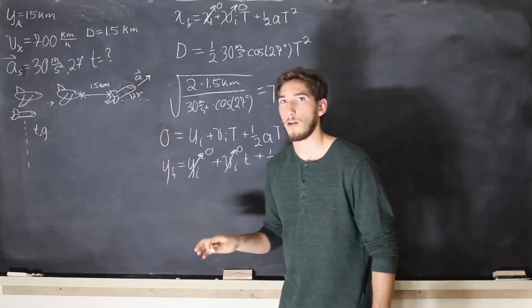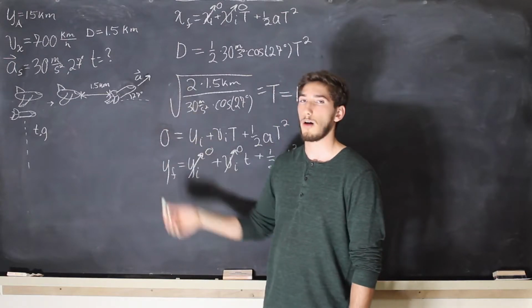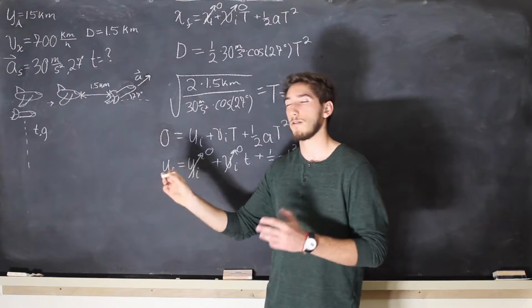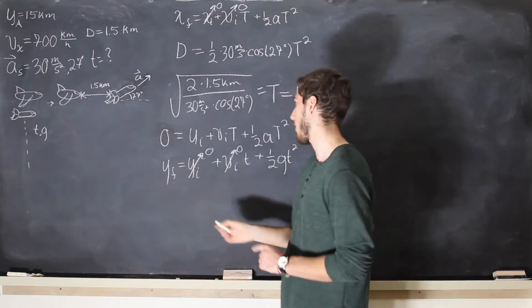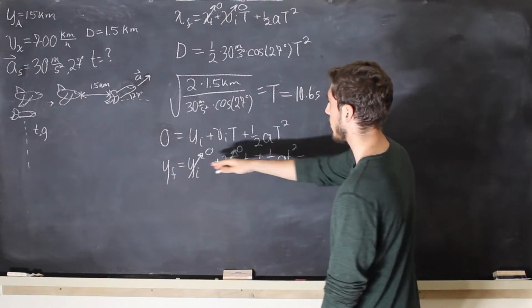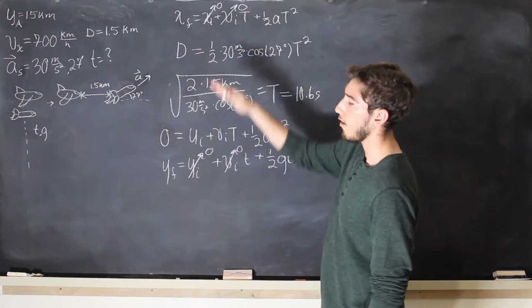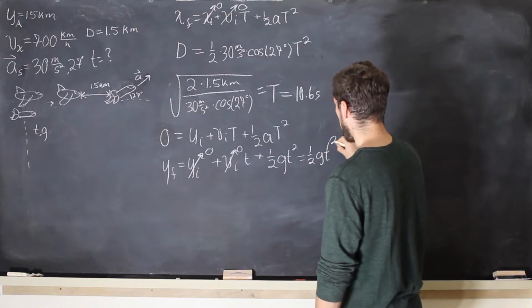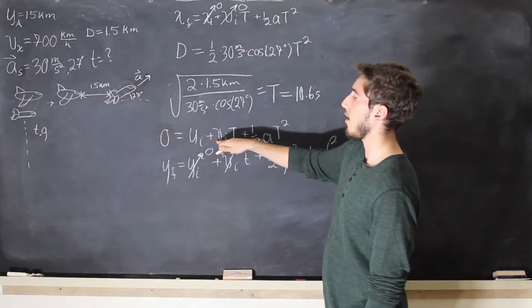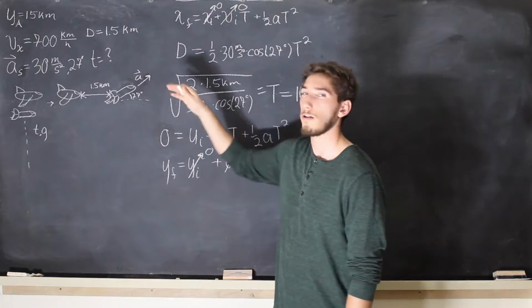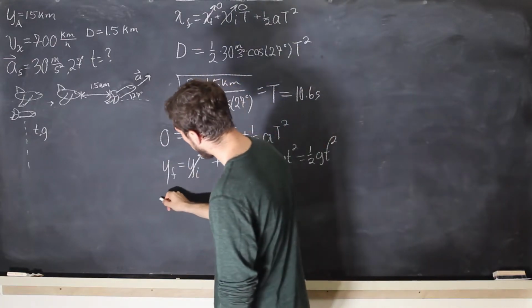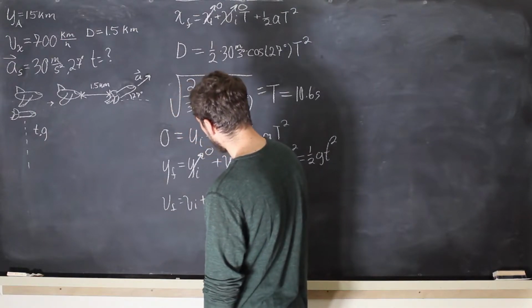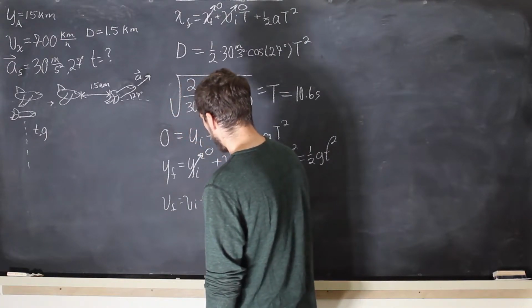Because the only acceleration when the airplane drops the shuttle is gravity, right? The shuttle drops for a certain amount of time, so the only acceleration that's acting on it is gravity. So the distance that the shuttle falls is going to be equal to 1/2 gravity t squared. Now, in order to solve for the velocity that it gathers while it falls, we have that formula v final is equal to v initial plus a times time.